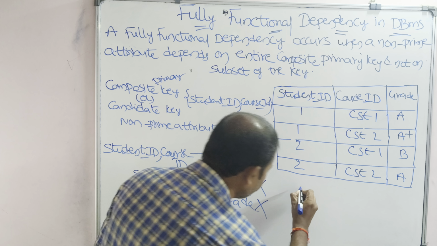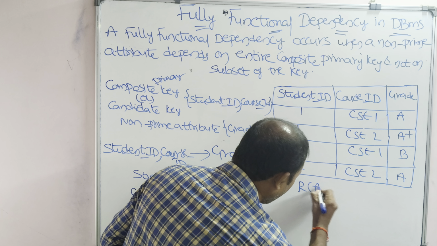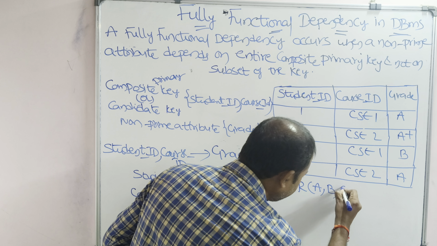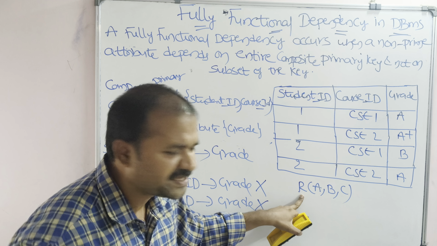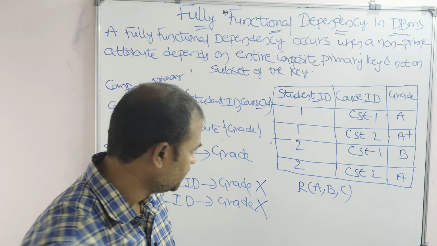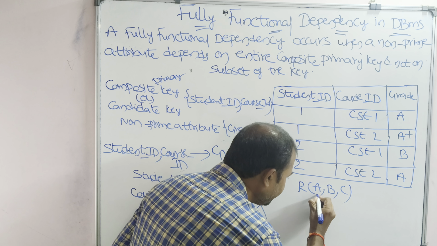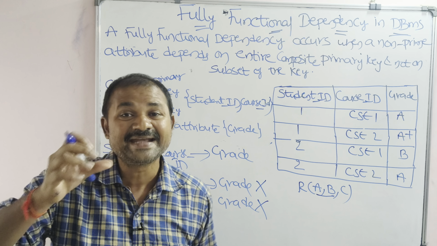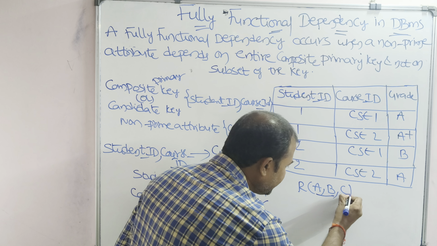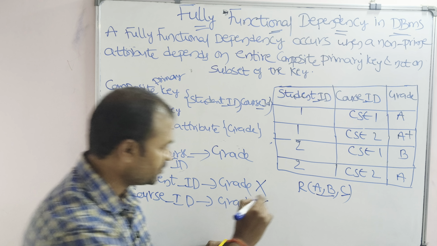So let's take a relation R of A, comma, B, comma, C. Here R is nothing but a relation, the table. Here we have 3 attributes. Let us assume that A, B are candidate key attributes, whereas C is the non-prime attribute.